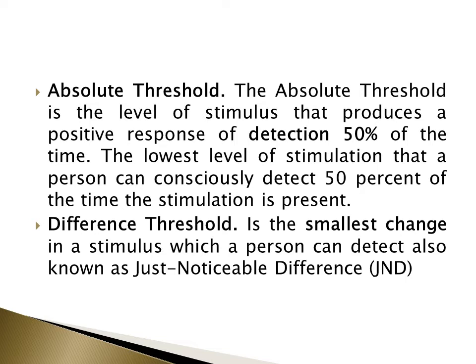And then we also have the difference threshold. The difference threshold pertains to the smallest change in a stimulus which a person can detect, also known as the just noticeable difference, or JND.